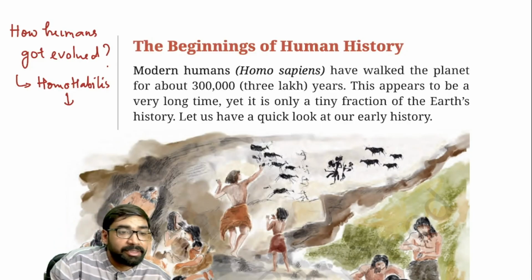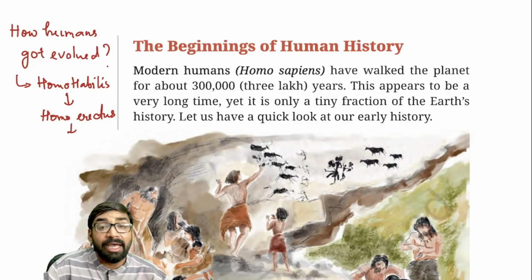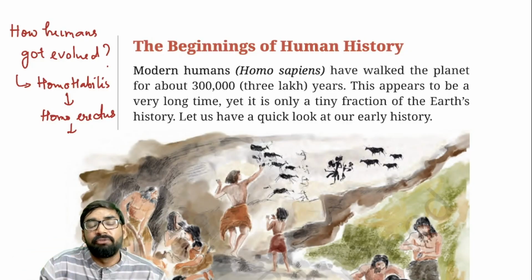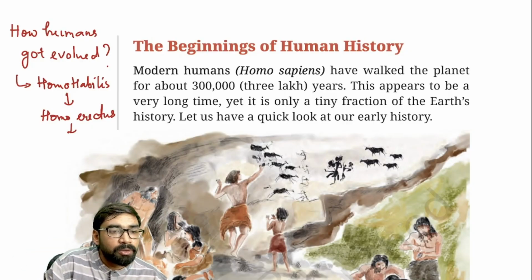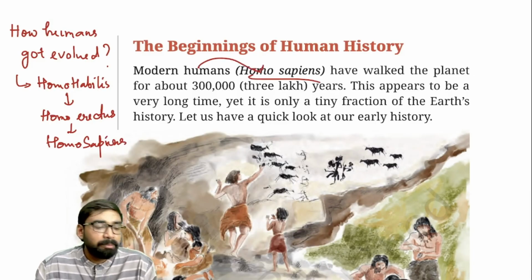That means Homo erectus. And then gradually their brain size became large and they became wise human beings, skillful human beings. So they came to be called Homo sapiens. Modern humans are called Homo sapiens.